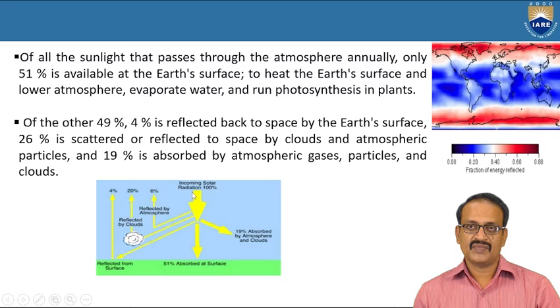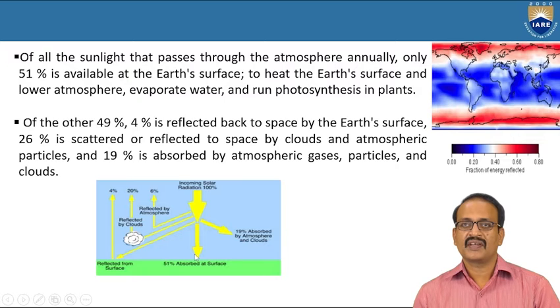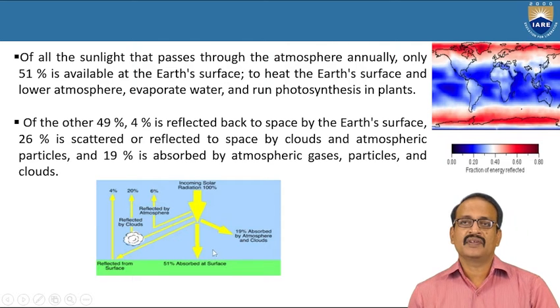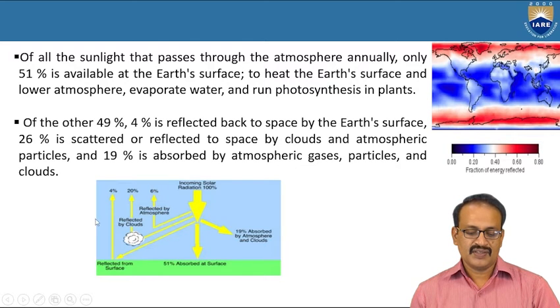So if you observe here, 100% is coming, and you can conclude from this. 51% is reaching the Earth, 19% is absorbed by the atmosphere, 4% is reflected back, 20% is by the clouds, and 6% is reflected by the atmosphere.